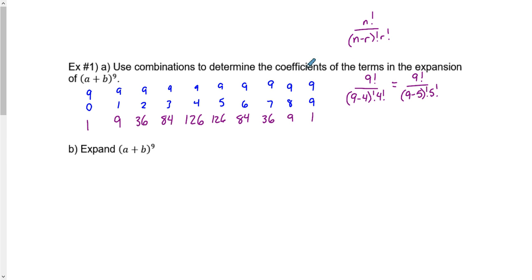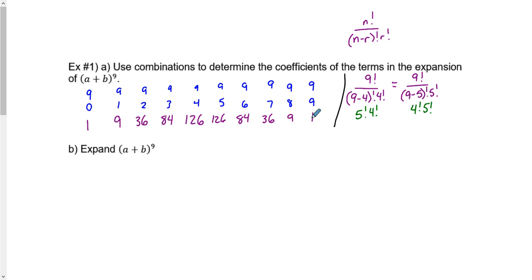Well, look at our denominator. 9 subtract 4 is 5. 9 subtract 5 is 4. So in both of our denominators, we have that 5 factorial and the 4 factorial. They will be the same thing because our numerators are already the same. That's just a side note, as our combinations are going to repeat.